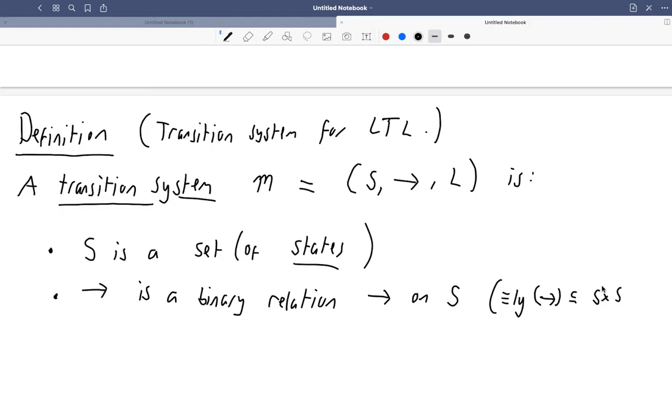So the arrow is a subset of the set of pairs of states, but we'll just think of it as a binary relation, and it needs to satisfy a certain property. So we're going to ask for it to satisfy that from any state there exists another state such that we can get from the first state to the second state. So I'm going to comment on that in a moment. Let's call this property star.